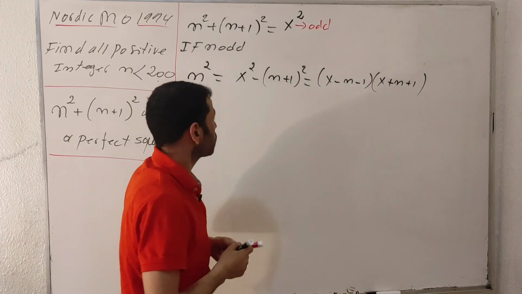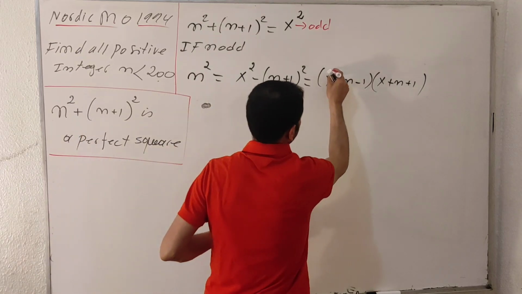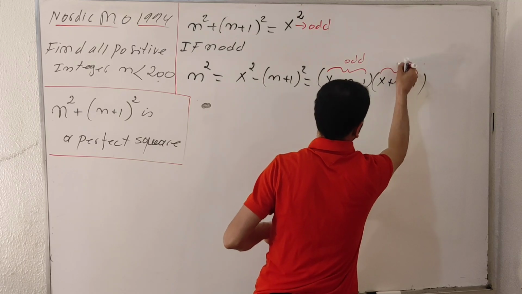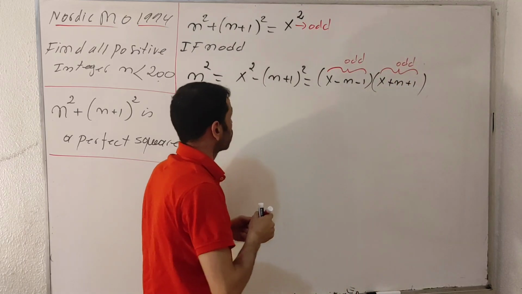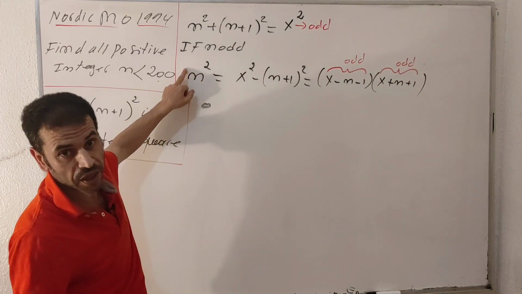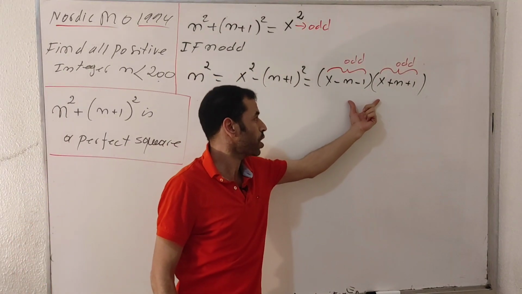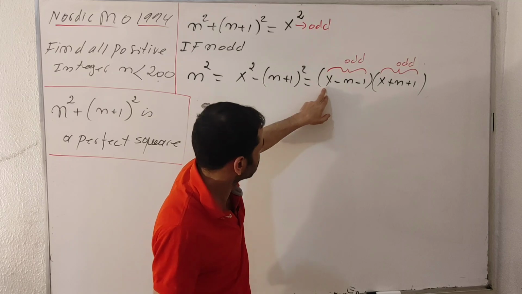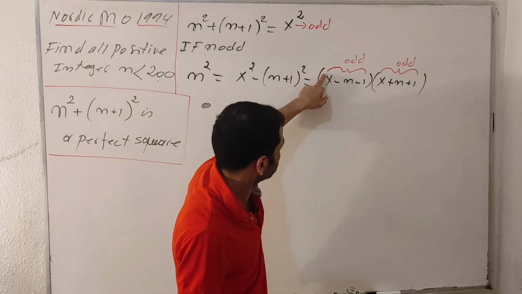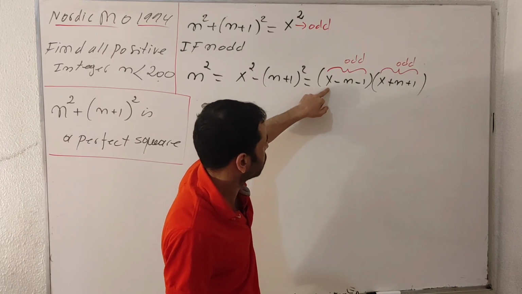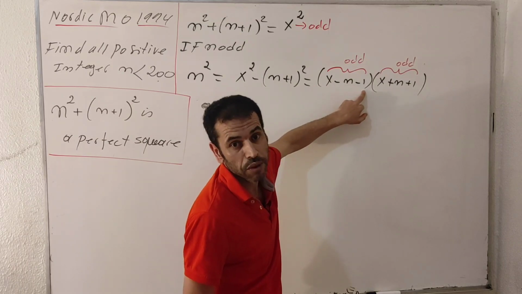Now this term is odd, and this one is odd as well, because we know the left hand side of this equation is odd, which means the right hand side must be odd as well. Going through this in detail: x is odd, n is odd, which makes the difference even, and minus 1 makes it odd.